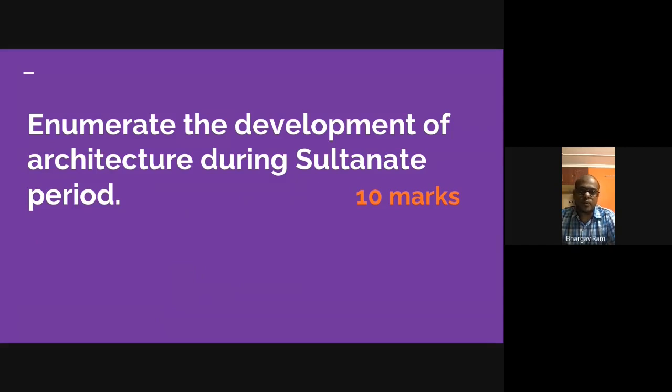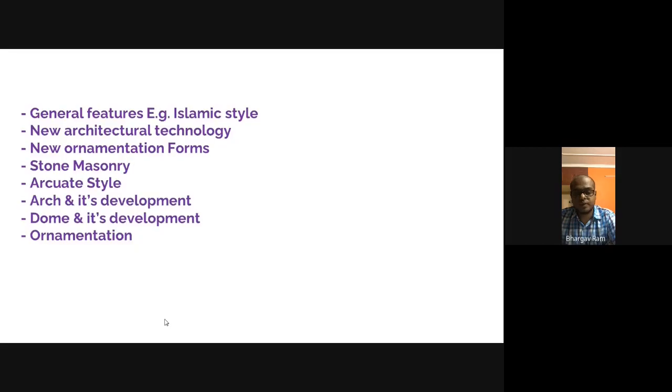So when we come to the next slide, the main thing is that we have to speak about the development of these things. The general features we will anyway speak about, the Islamic style and all that.